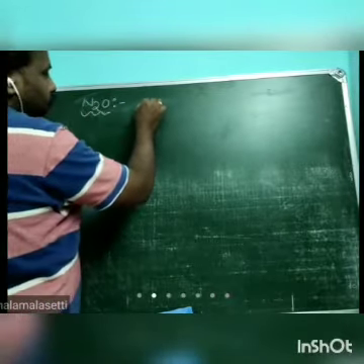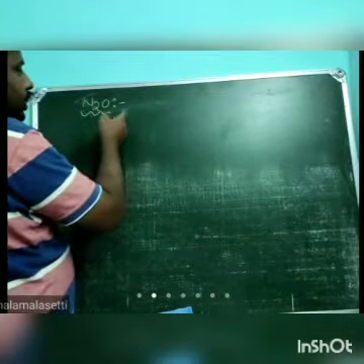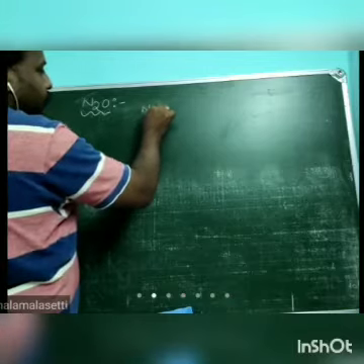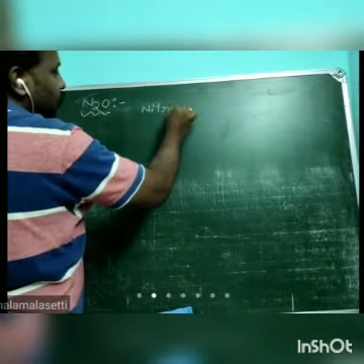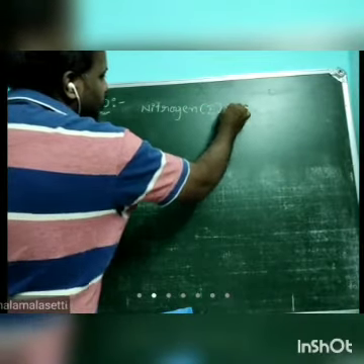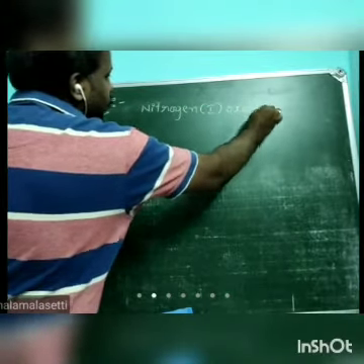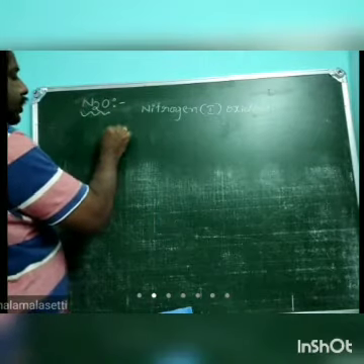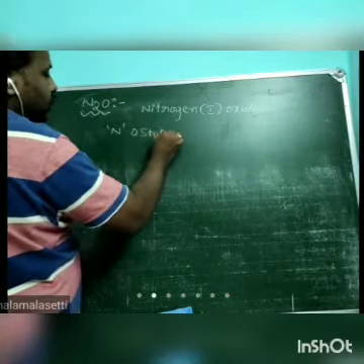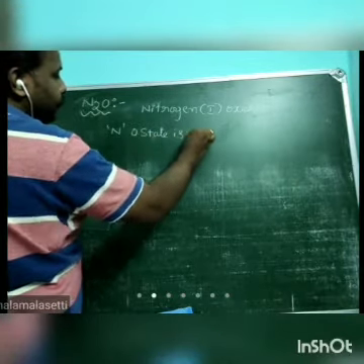N2O is called dinitrogen monoxide. Another name of N2O is nitrogen(I) oxide. The one indicates that the oxidation state of nitrogen is +1.